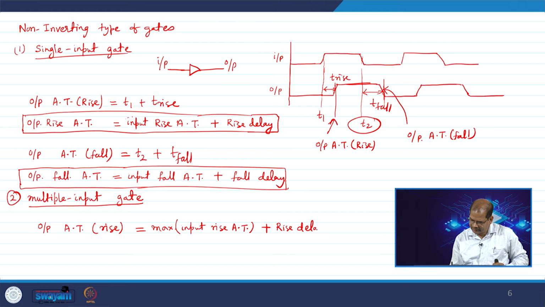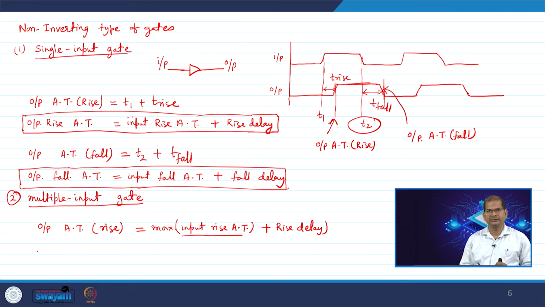The only thing I have added: if I have multiple inputs, take the max of all the input arrival times. Here it was only one input, that is why I took that input rise arrival time, but here I have multiple arrival times. So, I have to take the max of that, because I am doing the worst case delay calculation. I am doing it for the critical path calculation.